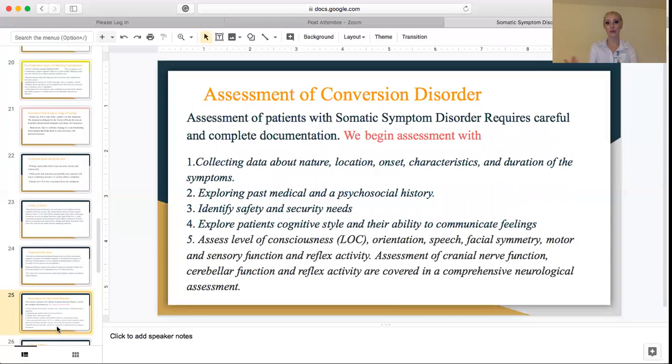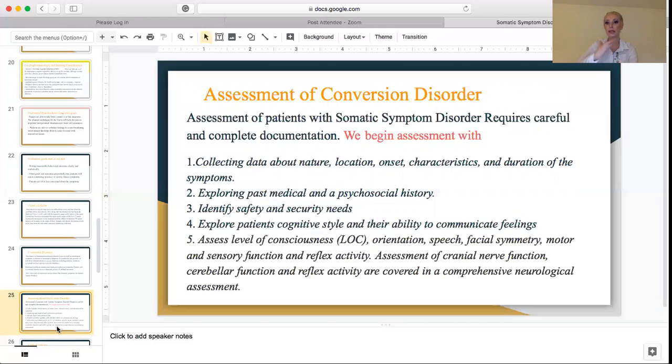To assess for the conversion disorder, again, as a nurse, I would collect data about nature, location, onset, characteristics, duration of the symptoms, how long are they happening, exploring past medical and psychosocial history, have they had any traumatizing events, exploring patients' cognitive style and their ability to communicate feelings. Are they able to communicate their feelings, or are they holding them inside?